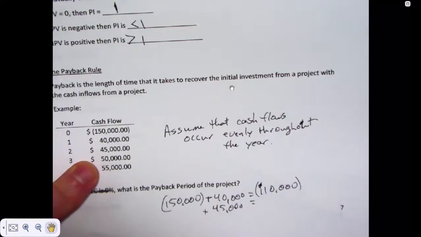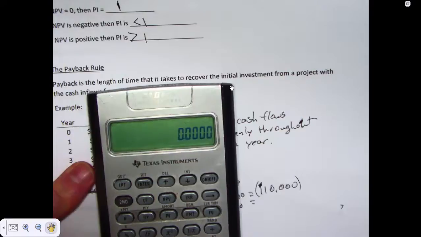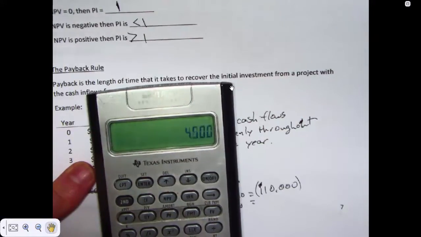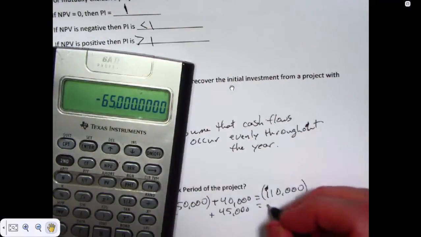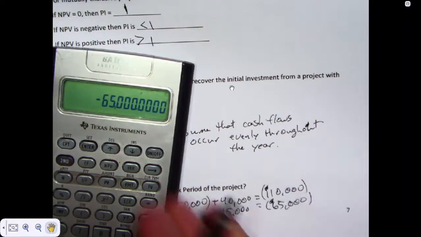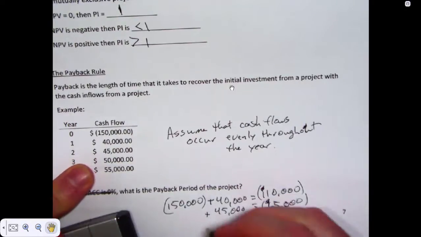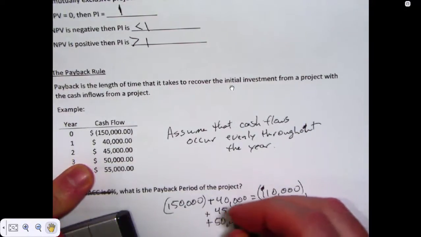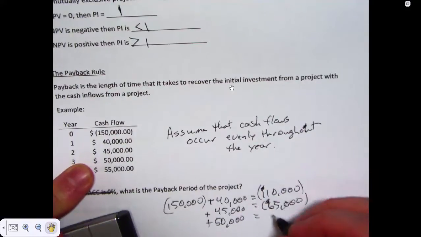We have 65,000 left to pay back. The next year, we add back 50,000. So we have negative 15,000 left to pay back. So this is year 1, year 2, year 3.